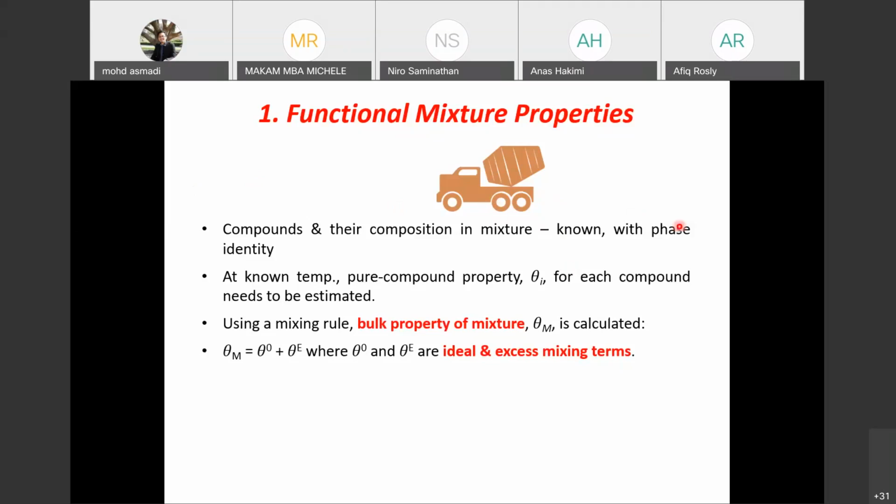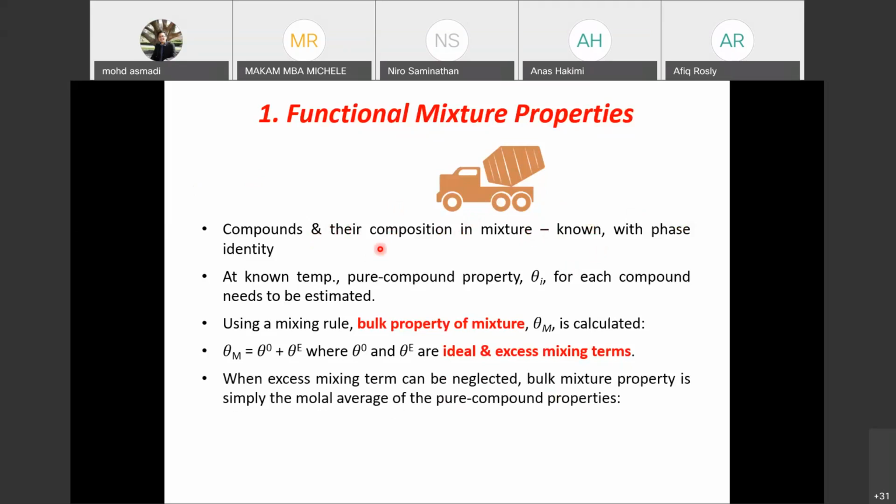Previously we used M equal to M ig plus M E, where E is for the excess mixing properties. If the excess mixing term is neglected, theta M is equal to theta ideal, id.